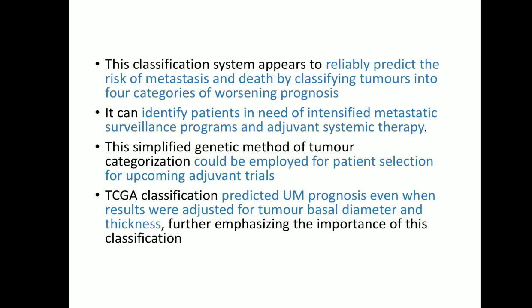It can identify patients who need more intensive surveillance. Can be employed for patient selections for trials. And it blew me away. They said that even when they adjusted for clinical tumour thickness and height, it was an independent predictor. So I'm loath to argue with the Shields, and they do have a very big data set, and this is now out there, so our patients will be able to find this information now.